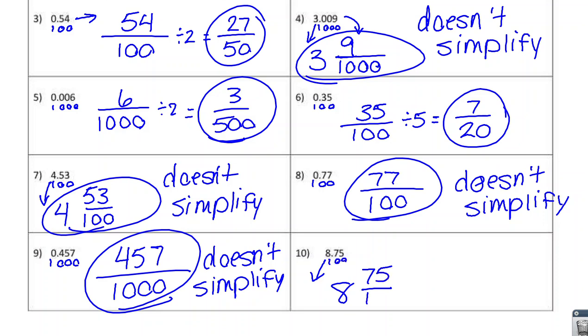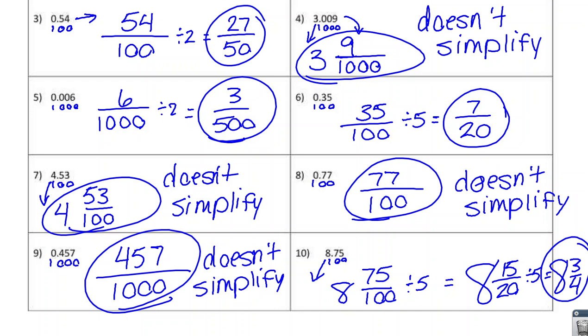Ends in 5 and 0, so I can divide by 5. Don't forget to bring the 8 with it. If I divide it by 5, I get 15 over 20, which simplifies again by 5, and I get 8 and 3/4. Final answer.